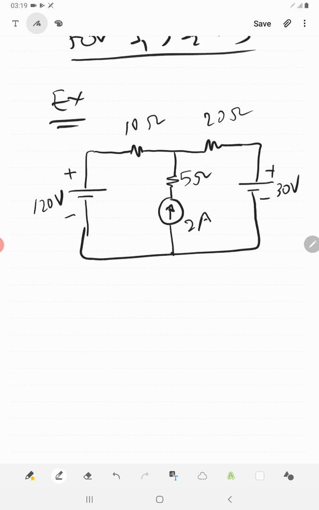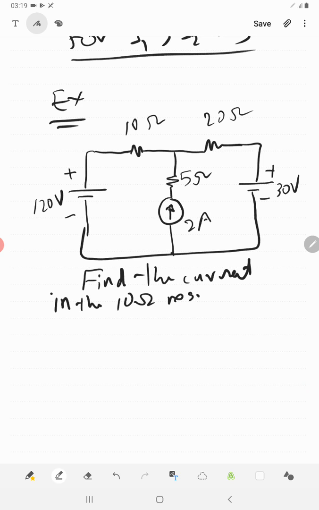Now we want to find the current in the 10 ohms resistor using mesh analysis.